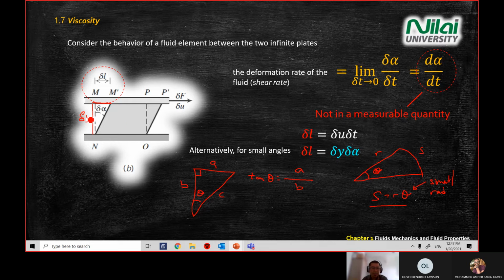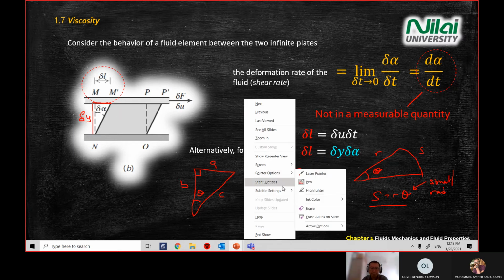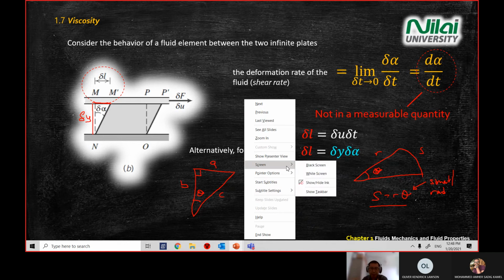So you can take y times alpha, you get the length. Now you start to see what you learned in your trigonometry applied here already.